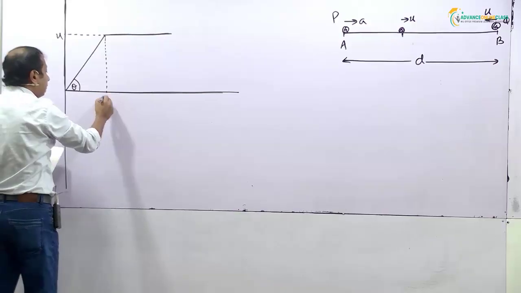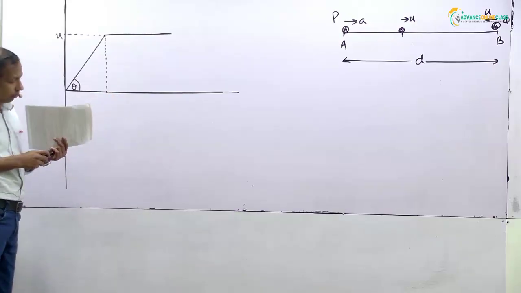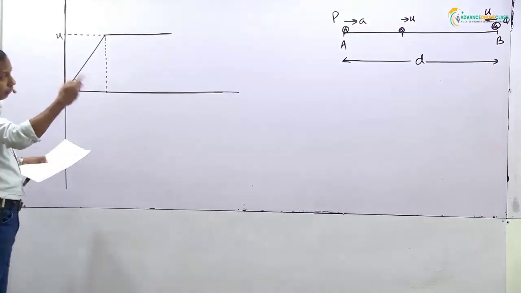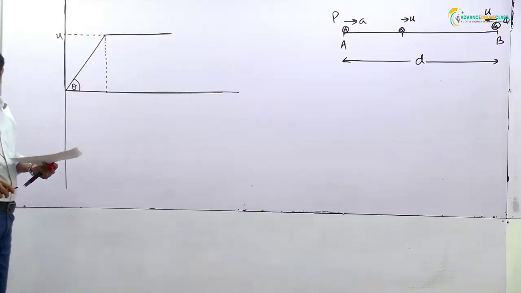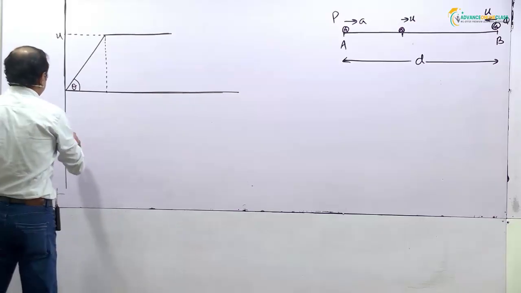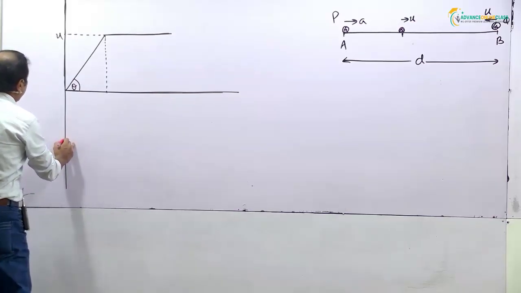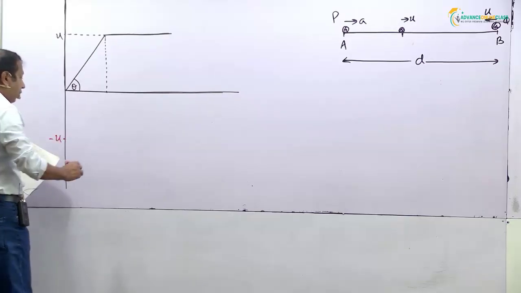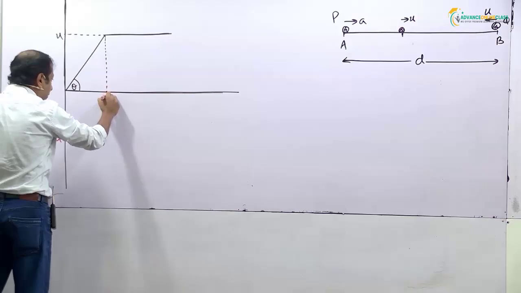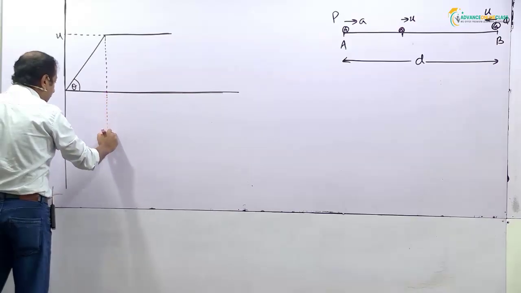At the moment P gets this velocity U, Q moves in the opposite direction. So therefore velocity should be negative, and it starts with the velocity U. Some students have started their VT graph from here.